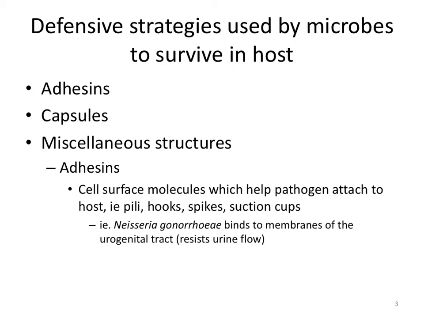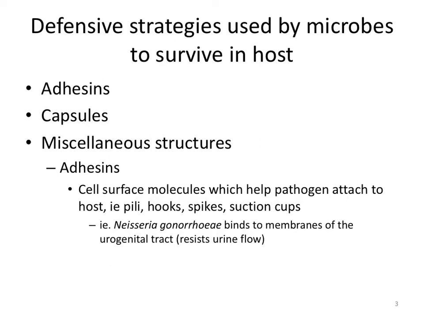It causes gonorrhea. And this organism binds to the membranes that are found in our urogenital tract. I mentioned the urethra before, that's part of our urogenital tract. By attaching to the membranes of the urogenital tract, Neisseria gonorrhoeae is able to resist the flow of urine, which would otherwise flush the bacterium out of the urogenital tract.